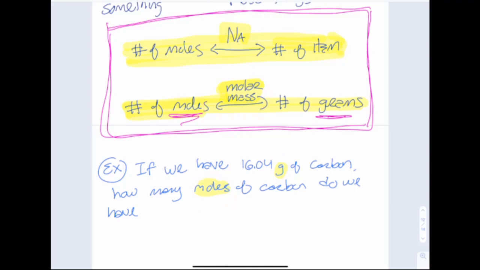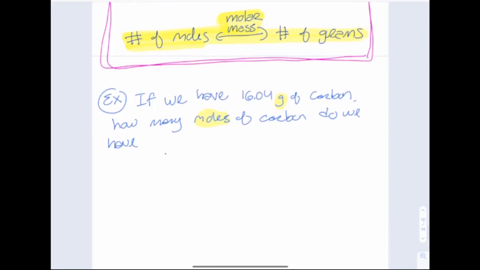So we need to look at the molar mass of carbon. I'm going to go to the periodic table and take my atomic mass. Remember, I always want to carry out at least 2 digits after the decimal point. I'm going to change my units from atomic mass units to grams per mole, and I'm already writing it in the form of a fraction.